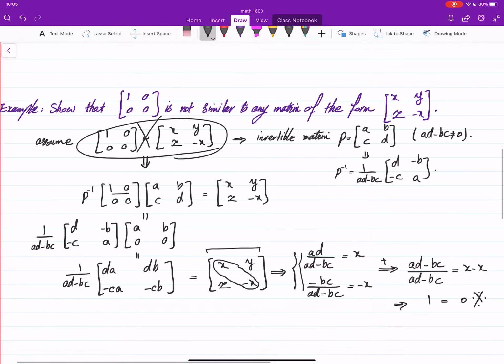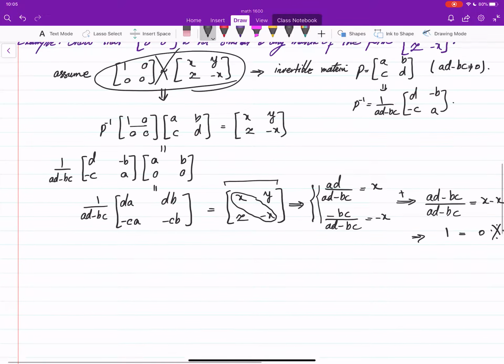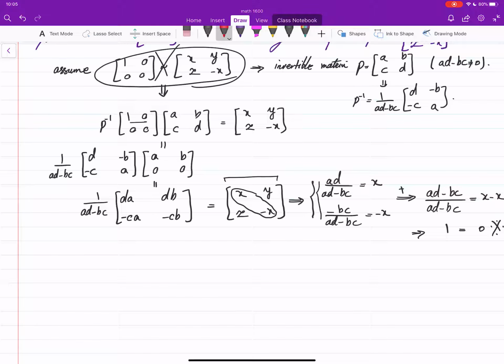of that form. Okay, so all doing these things, there are some properties of similarity. I want to go over those ones. First thing is that fact one is that every square matrix A is similar to itself.